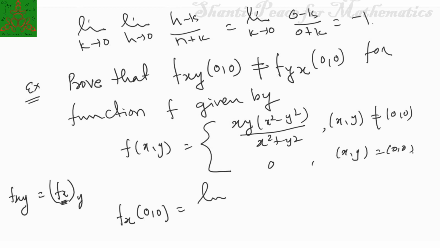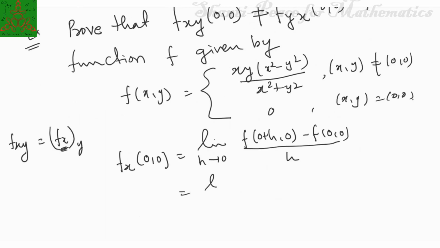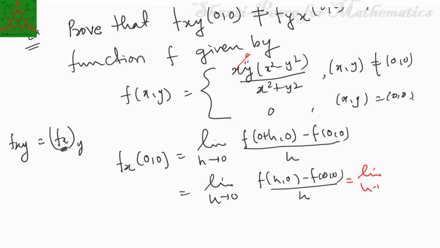By definition, it is the limit as h tends to 0 of [f(0 + h, 0) - f(0,0)]/h, that is [f(h,0) - f(0,0)]/h. What is f(h,0)? Substituting 0 for y, this quantity is 0, so the limit as h tends to 0 of (0 - 0)/h will be equal to 0. So f_x at (0,0) is 0.